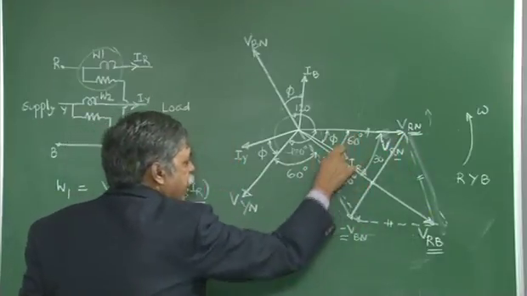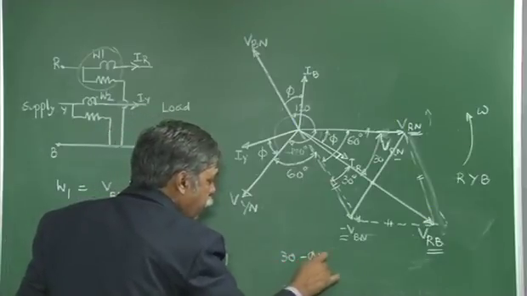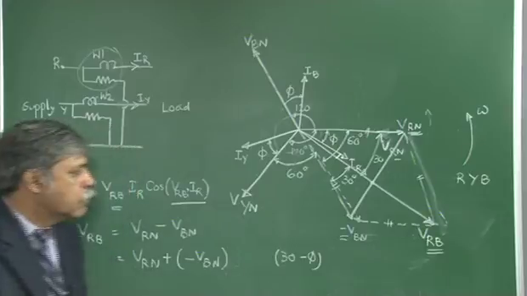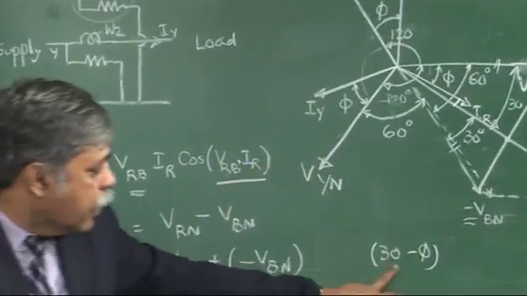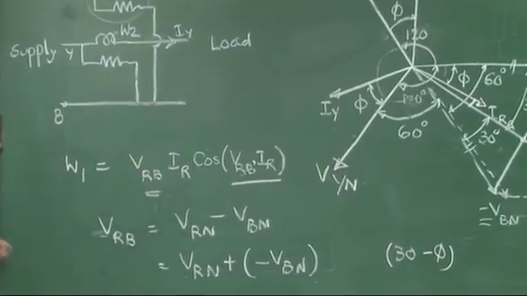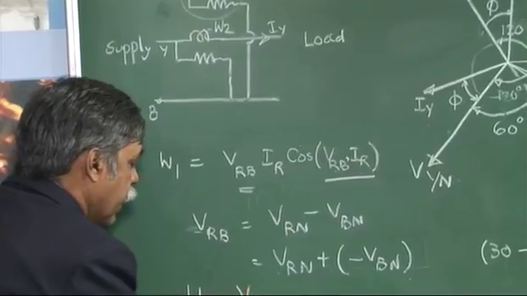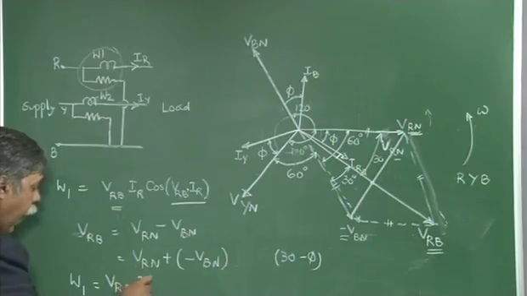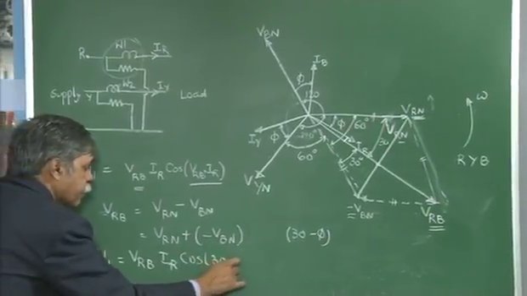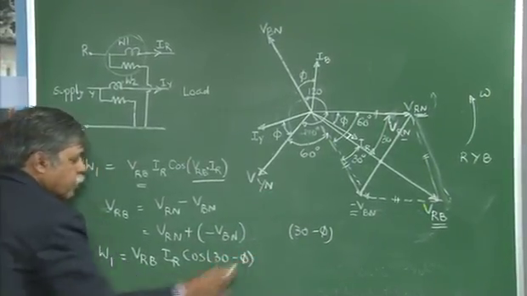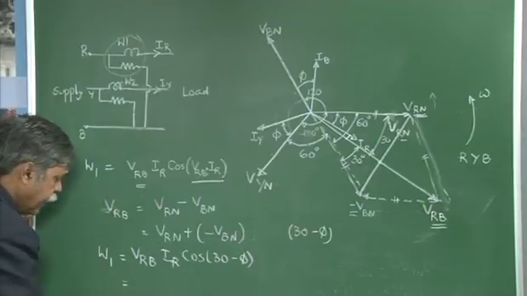Both the angles are lagging, therefore the net angle between VRB and IR will be 30 minus phi. So if I use that angle in the expression for W1, I get VRB IR cos of 30 minus phi.